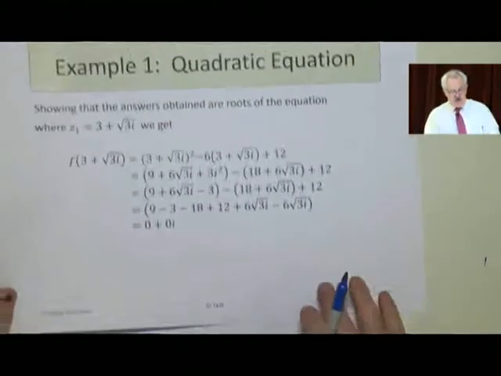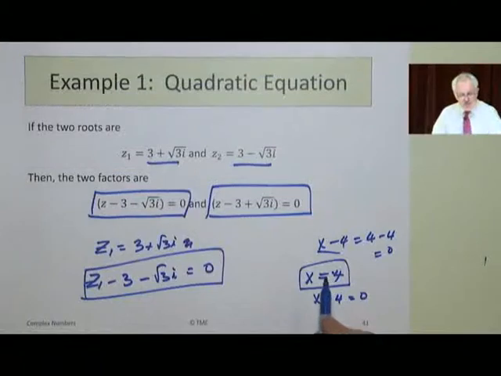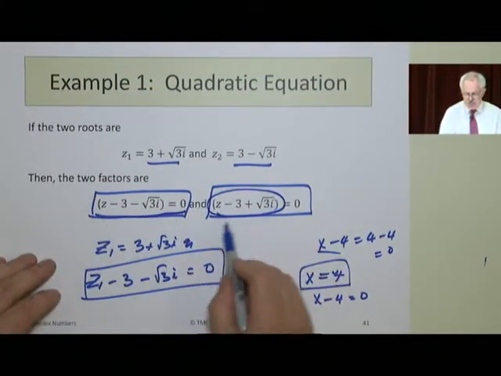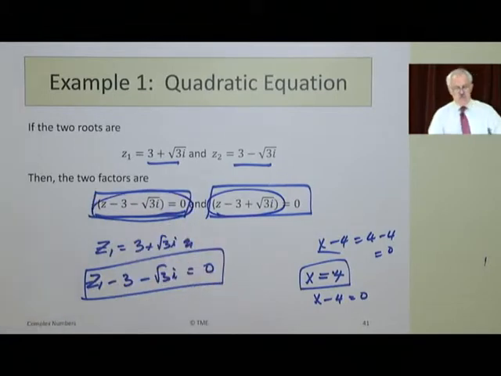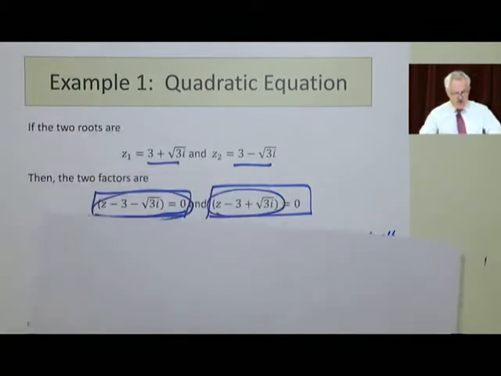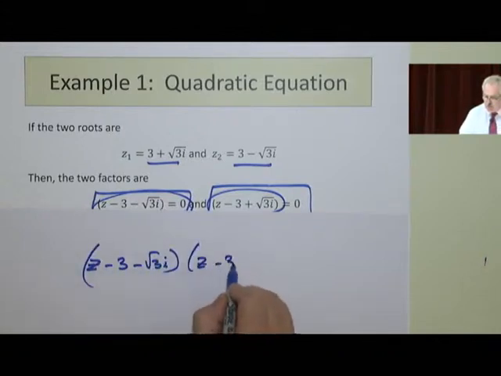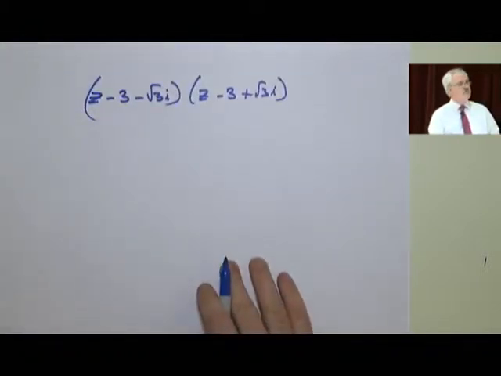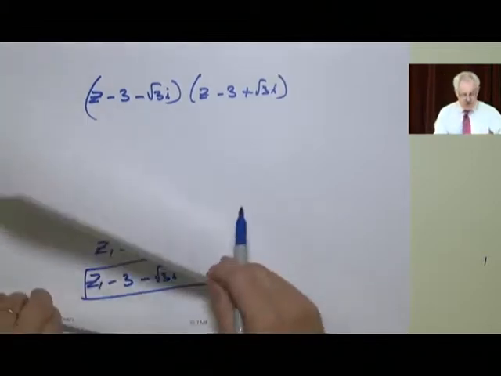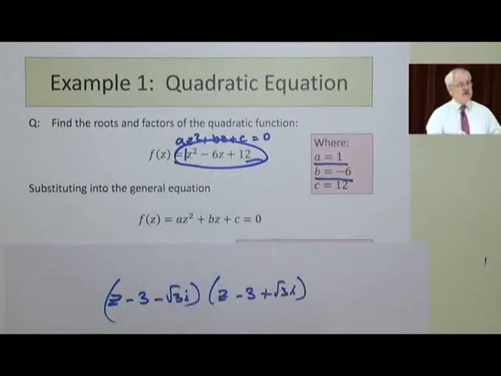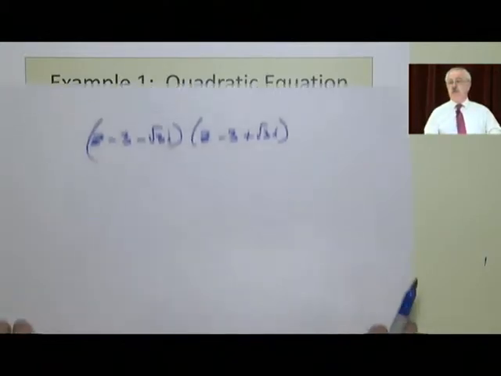So now we have two factors. And the factors are that and that. If I were to multiply those two together, z minus 3 minus root 3i by z minus 3 plus root 3i, what would I get? I should get what I started with, which is z squared minus 6z plus 12, because they're the factors.